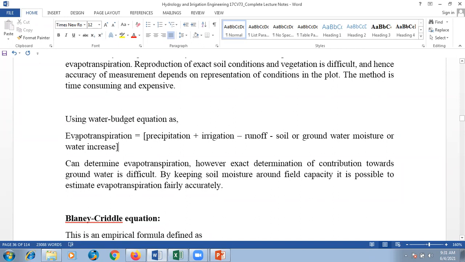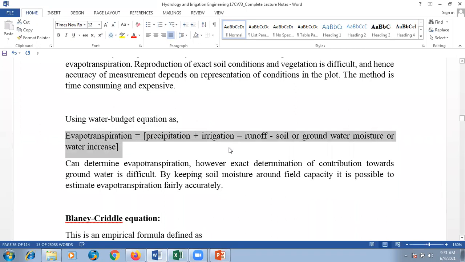So here also, this evapotranspiration can be related in the form of an equation, which is nothing but precipitation, that is rainfall, plus irrigation, additional amount of water supplied to the crop, minus runoff, the one which goes away, and minus soil or groundwater moisture increase.